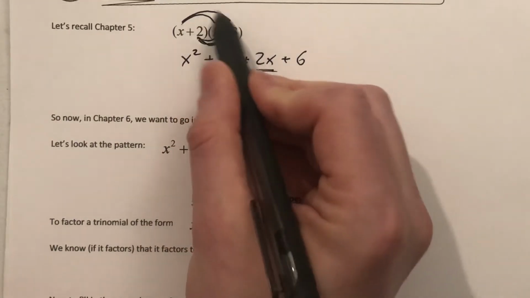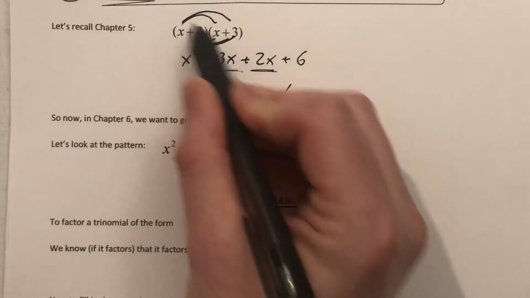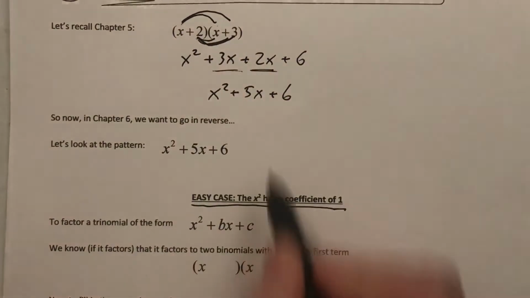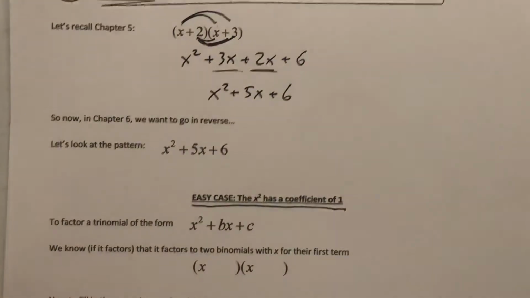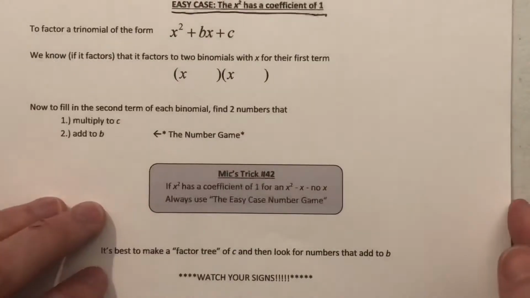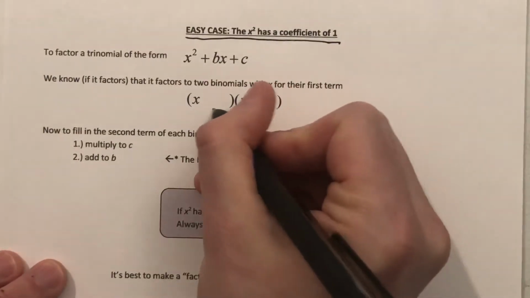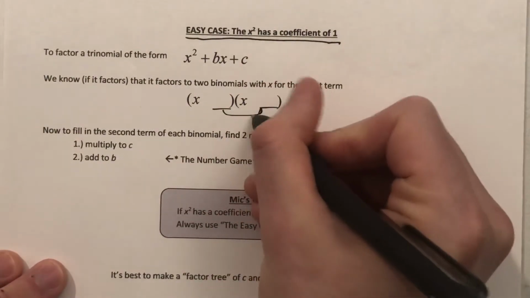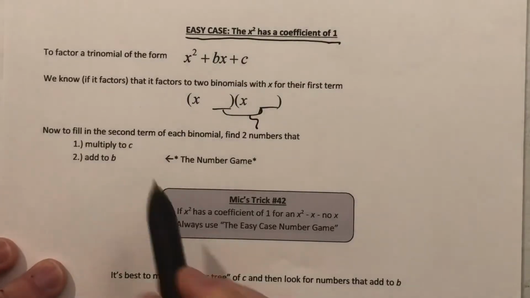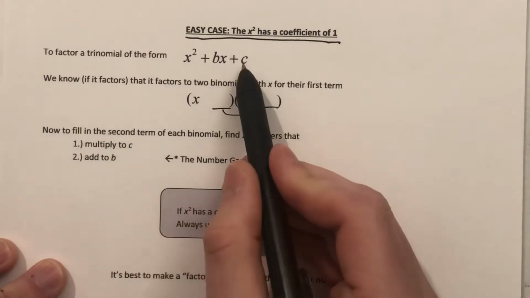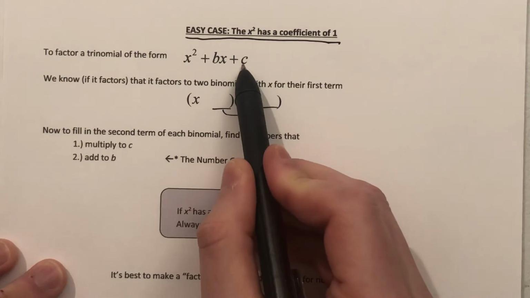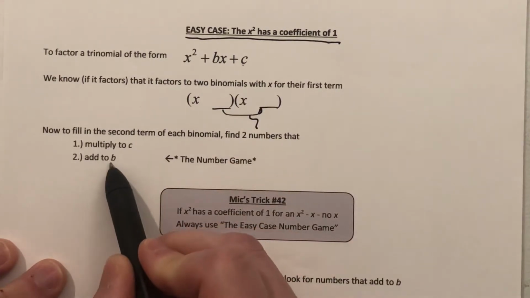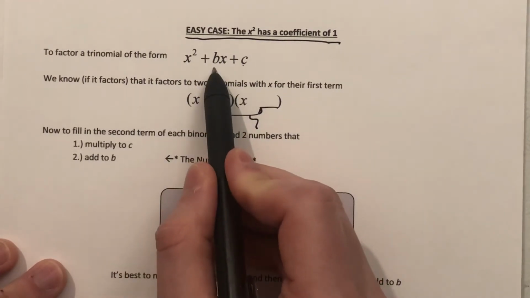It comes from this arc and this arc, this 3x and this 2x added together, combined. So what's that tell us? That tells us that these two numbers right here, we would need them to do two things: multiply to c, whatever that value is, but also add to b, whatever that value is.